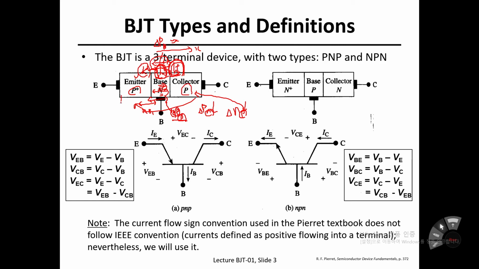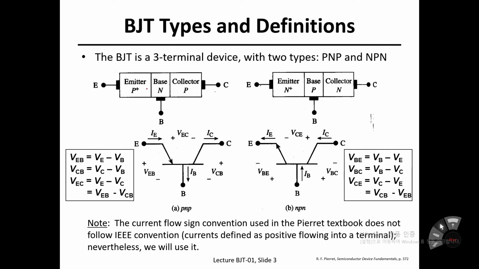Then we can say that the holes have started to run through the base and into the collector, so the current has been formed from emitter to collector. That is the main function and how the current is formed and flows through the PNP BJT device. We're going to study that more later.